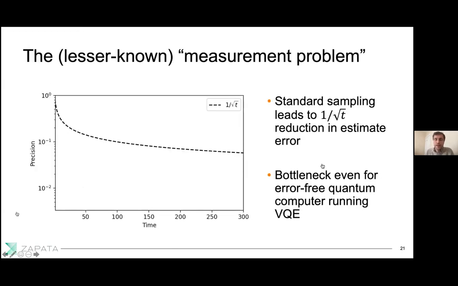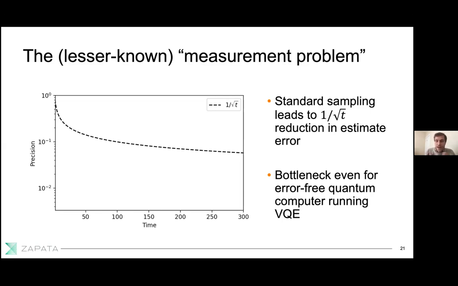Okay. So this leads us to this maybe lesser known measurement problem. It's that VQE requires too many measurements to be practical for some problems. And because each measurement is taking some finite amount of time, the improvement in precision follows a 1/√t profile.